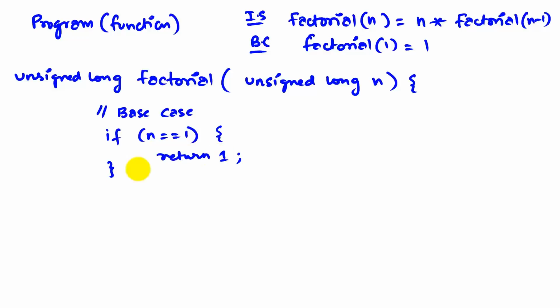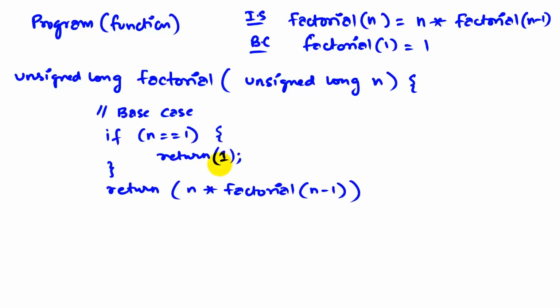And if n is not equal to 1, else, I could do the else, or I can just fall through, I'll say else return n times, I'm going to call myself, factorial of n minus 1. Okay, so right there is where you called yourself. Right, there is factorial where I called factorial. Okay. Is that going to work?